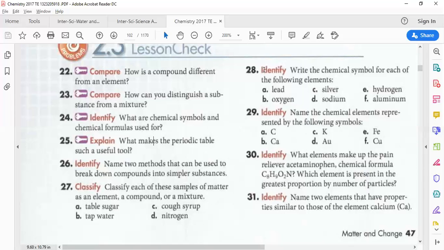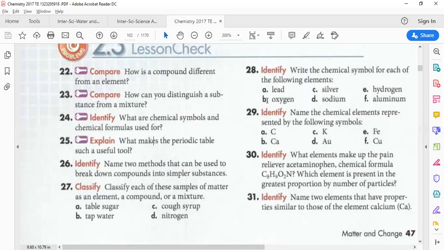Number 28, write the chemical symbol for each of the following elements. If you go back to the table we had before, the lead, which is plumbum in the Latin name, will be Pb.